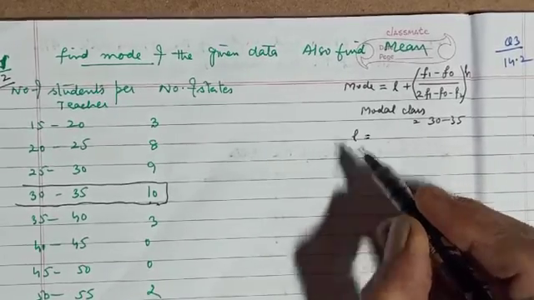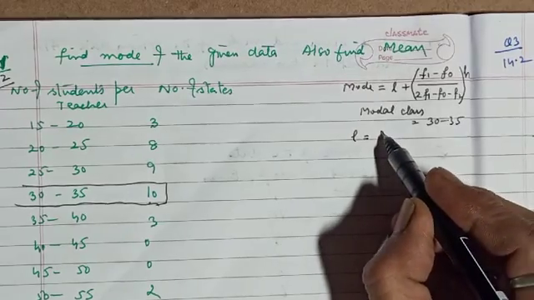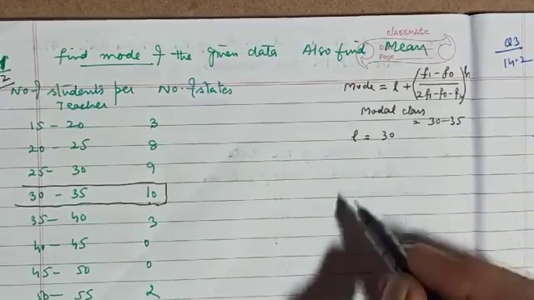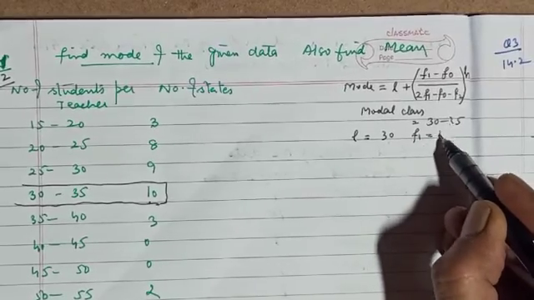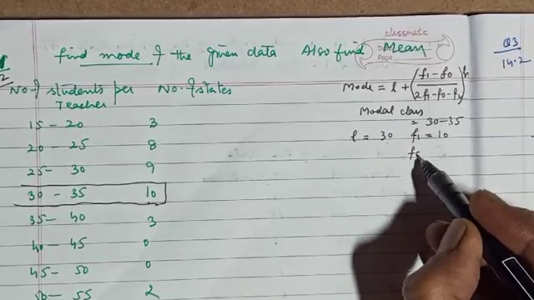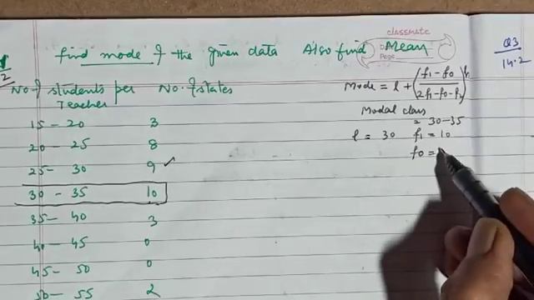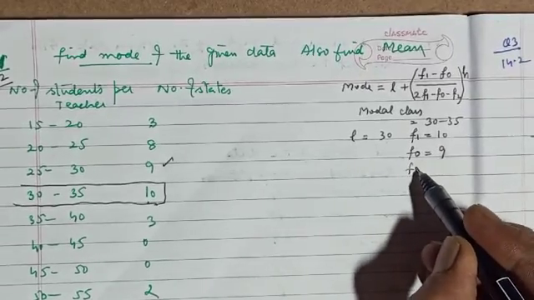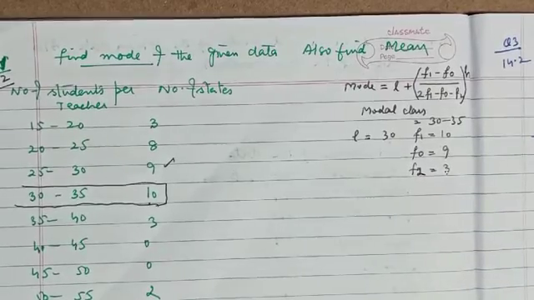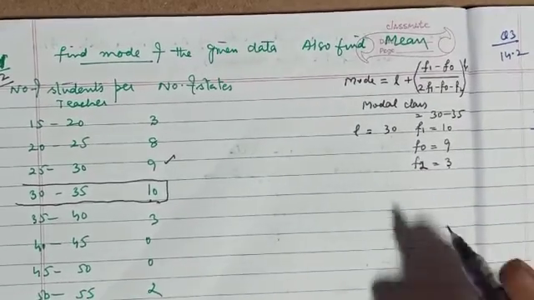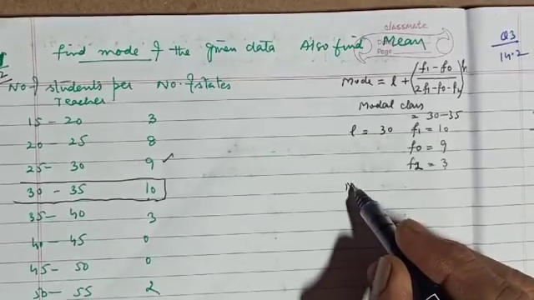Therefore L is 30. F1 is 10. F0 is इसके ऊपर वाली and F2 is 3. So put the values.